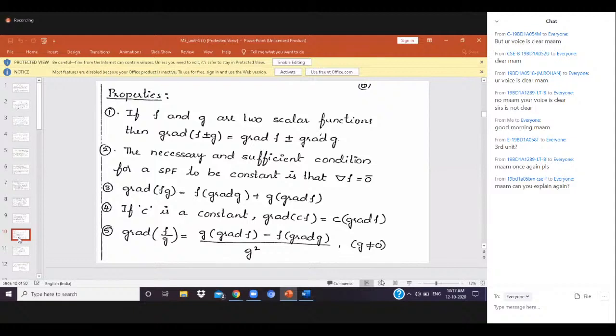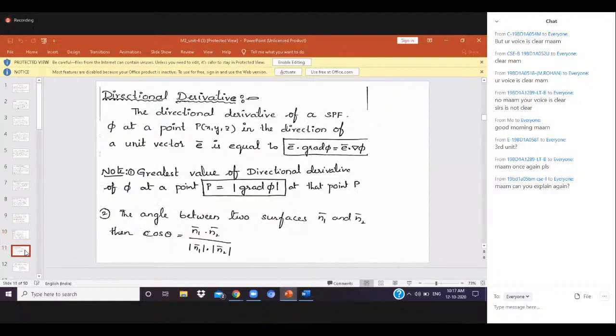If c is a constant, then grad of cf is equal to c into grad f. The next property, grad of f by g, is the same as differentiation of u by v: g into grad f minus f into grad g, by g square. Here g is not equal to 0. Some of these properties you have to remember.